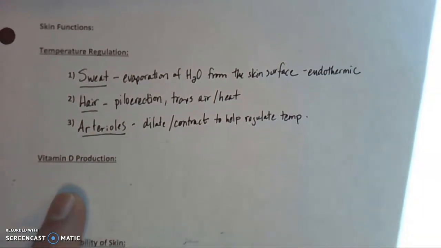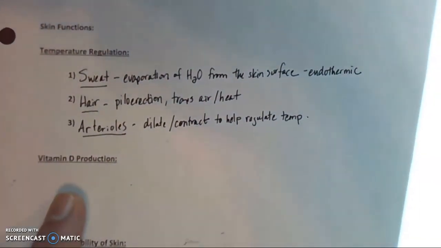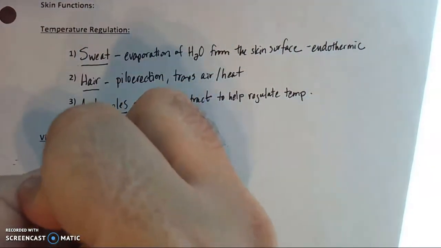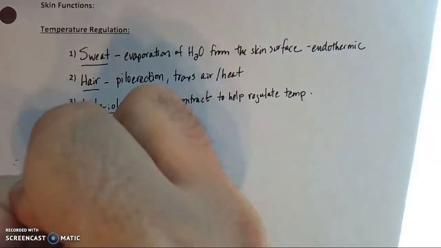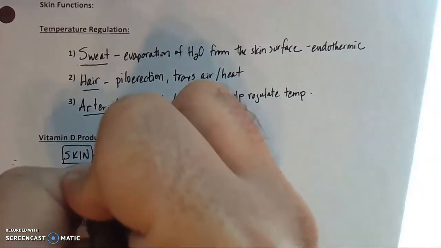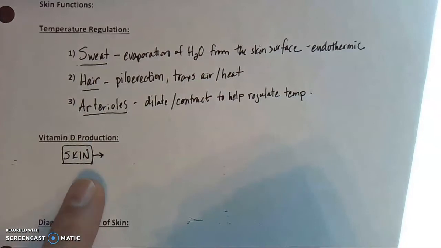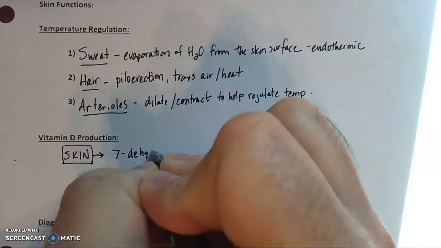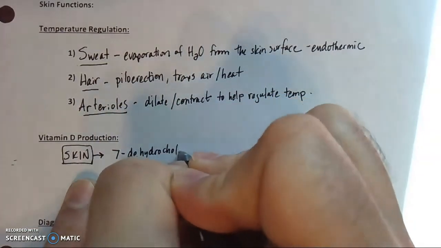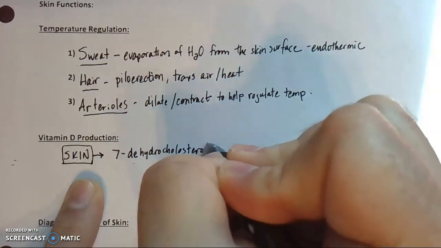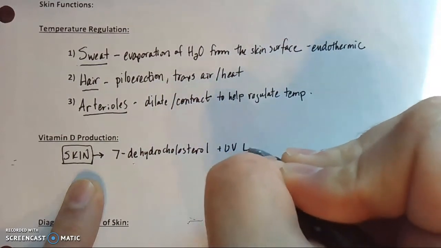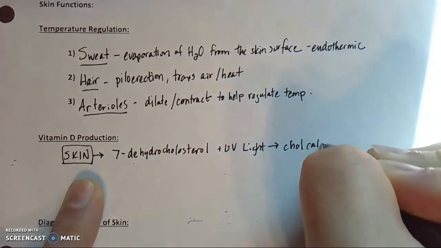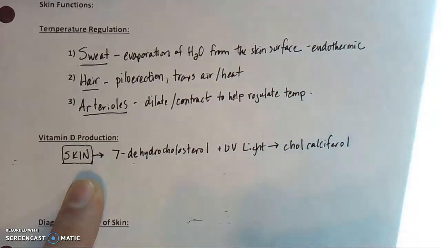Another function of skin is going to be vitamin D production. We did mention this, but in the skin itself, we have a chemical called 7-dehydrocholesterol that reacts with ultraviolet light to form something called cholecalciferol, which is another chemical.